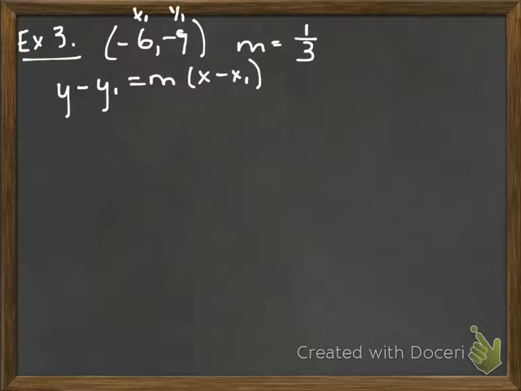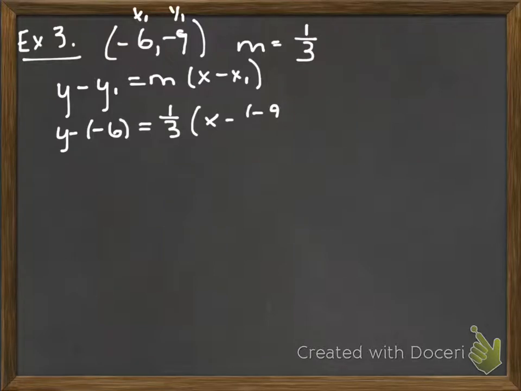Mariah, what's my next line going to be in my solving process? What am I going to write next? Okay, what do I write next, Agracia? y minus negative 6 equals 1/3 times x minus... wait, what?